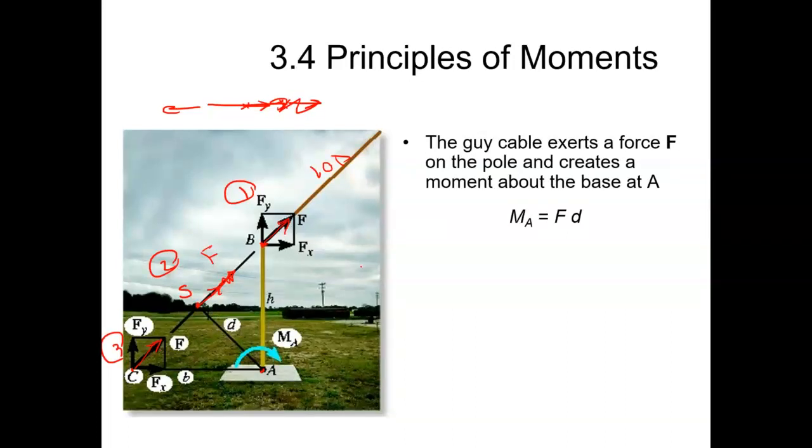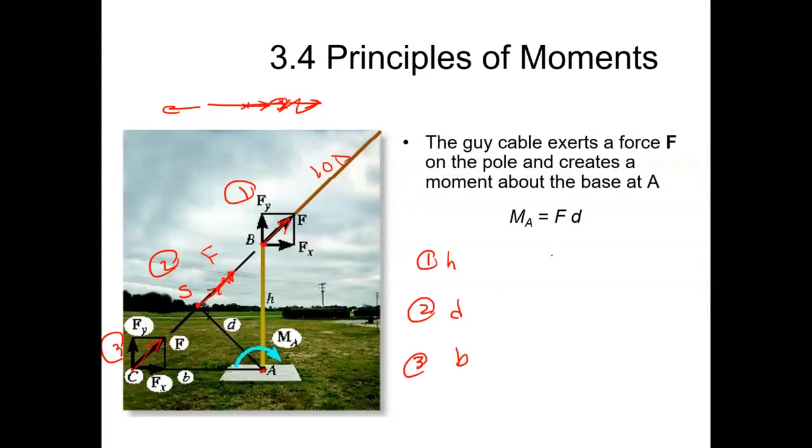So in scenario one, I have to connect from A to the beginning of the force. In the second one, I have to connect from the point of rotation to the beginning of this one. In the third scenario, I connect from A as well, so I have three position vectors. In scenario number one, the position vector is H. In scenario number two, the position vector is D. And in the third scenario, the position vector is B. Which one should I use?